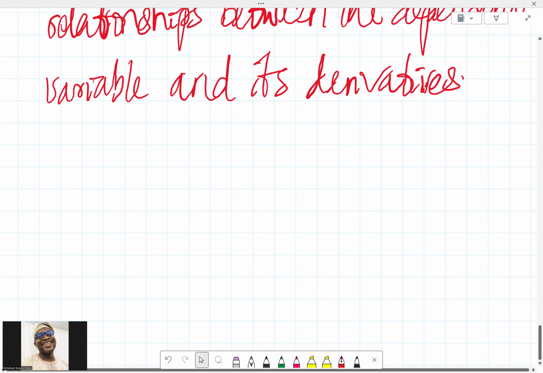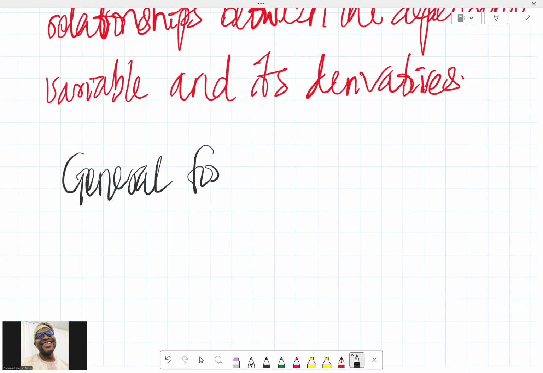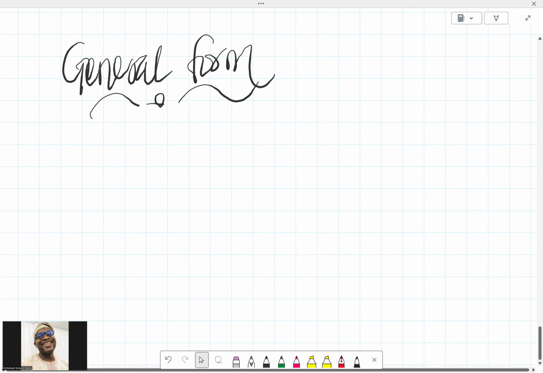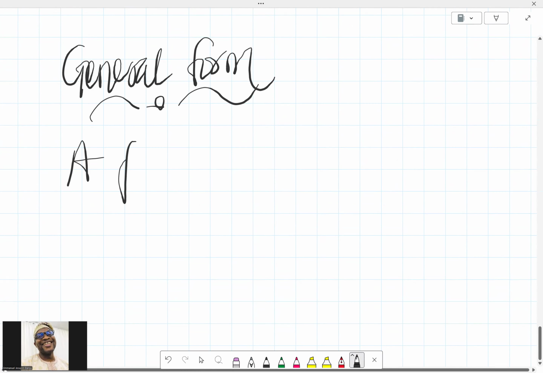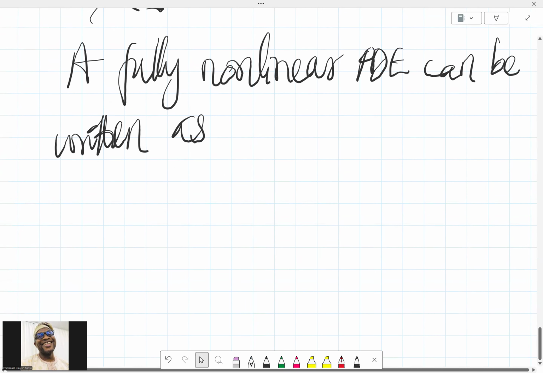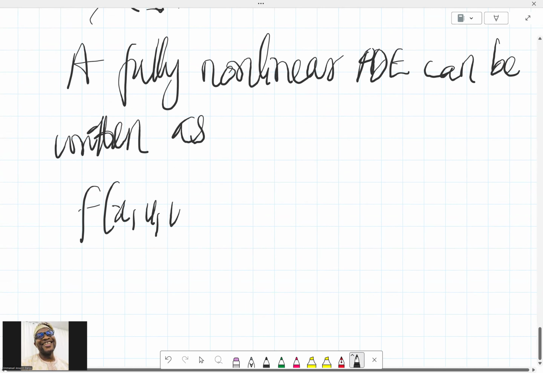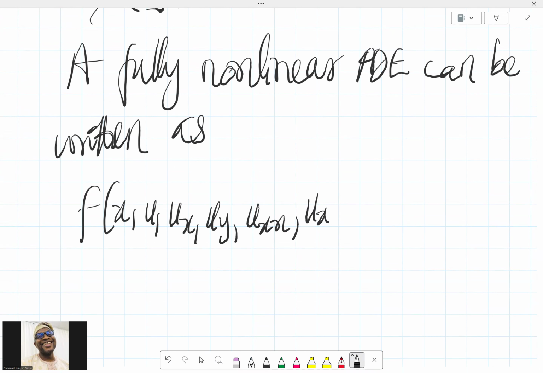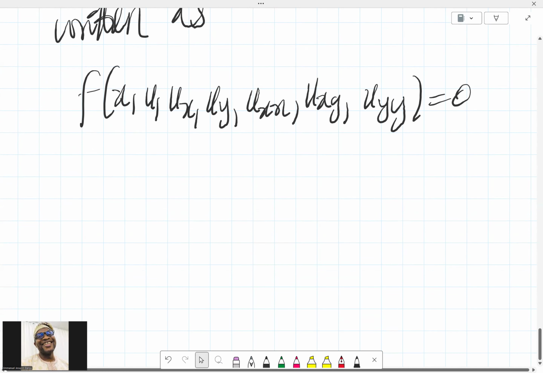Let's look at the general form of fully nonlinear partial differential equations. A fully nonlinear PDE can be written as F of x, u, u_x, u_y, u_xx, u_xy, u_yy equals 0.